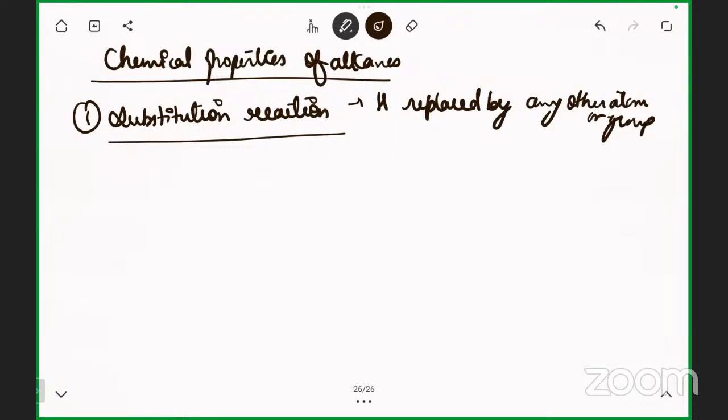For example, okay, order of reactivity, you can say. We are talking about halogenation.